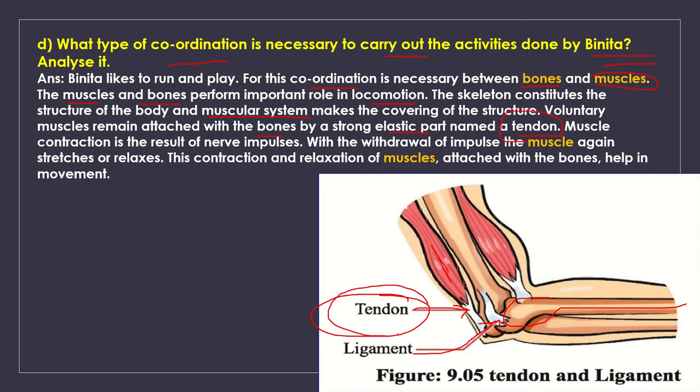Muscle contraction is the result of nerve impulses. With the withdrawal of the impulse, the muscles again stretch or relax. This contraction and relaxation of muscles attached to the bones help in movement. Let's go to the next question.